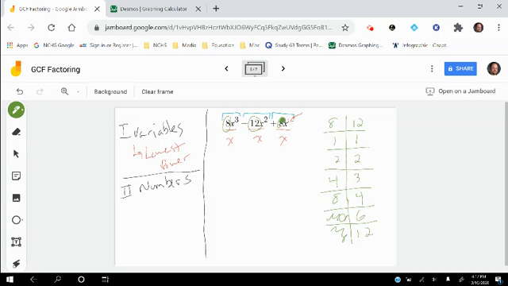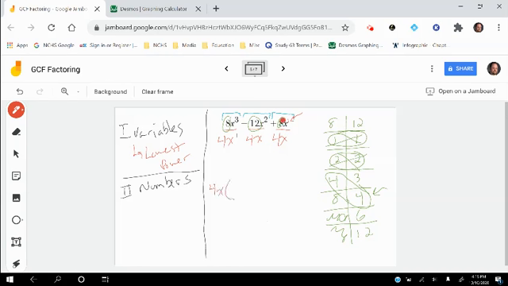So what do they have in common? Well, they have the 1s, but the minute I get something else, that no longer counts. 2s, there is a set of 4s, so the 2s no longer count. So 4 is my GCF. So I'm going to drop a 4, a 4, and a 4. So my GCF is 4x.